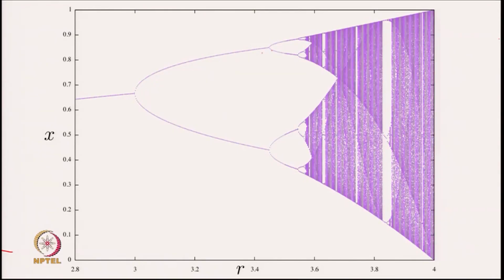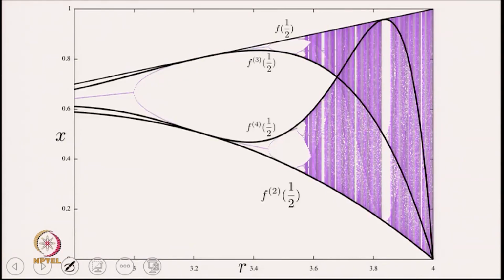So, the upper envelope is just where the map maximum iterates. The second curve over here, this dark one that is moving around like so, this is where the maximum will iterate on the second step, then the third and the fourth, and you can see over here the particular curves.